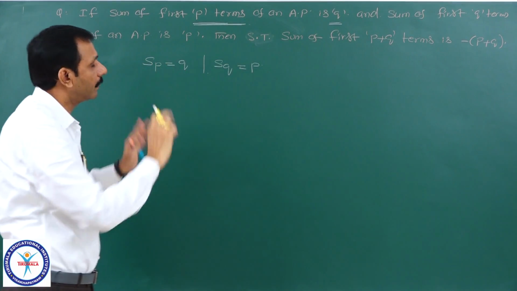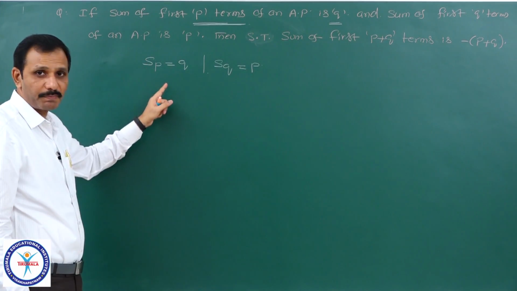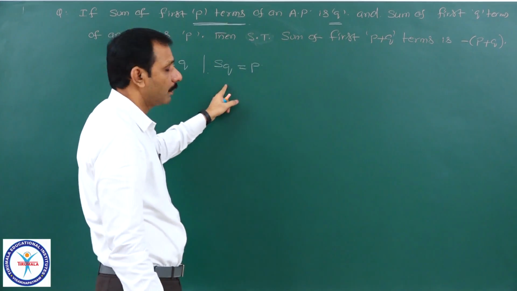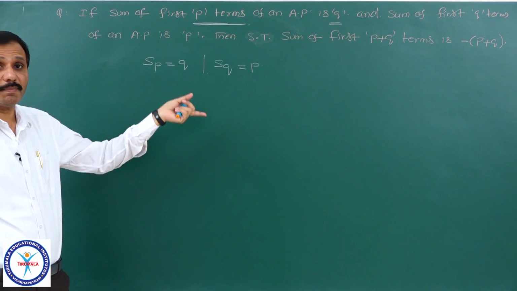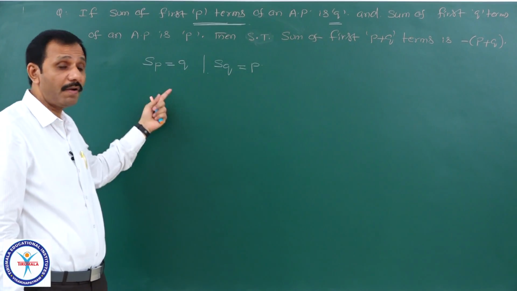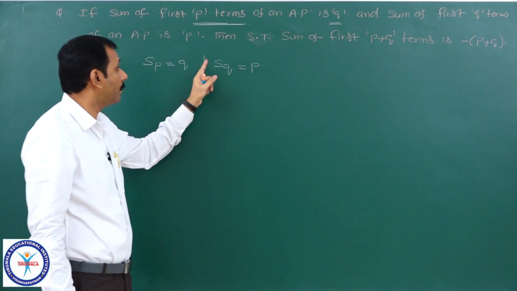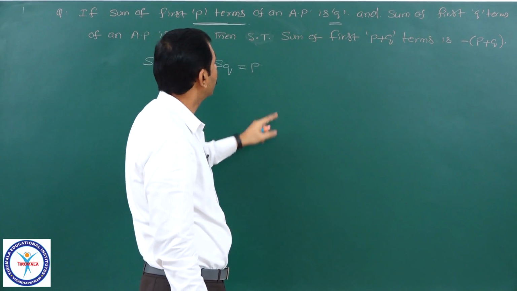That's the complete sentence. In previous problems, the nth term was m and the mth term was n. Here the sum of first p terms equals q, and the sum of first q terms equals p.